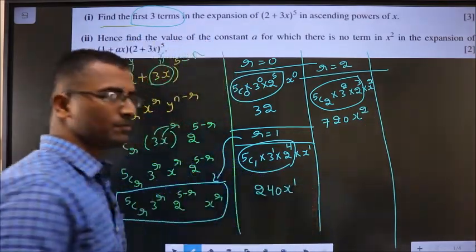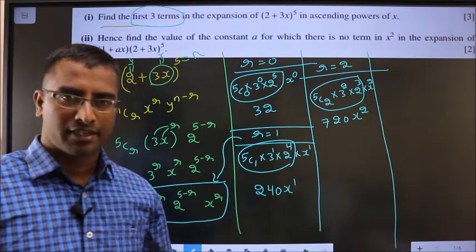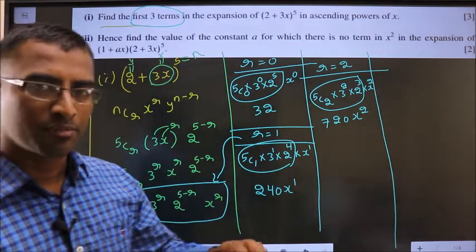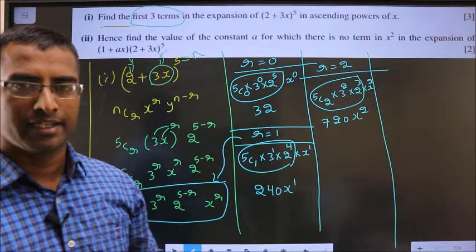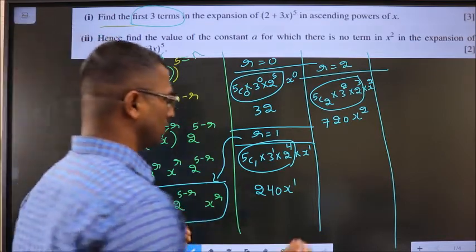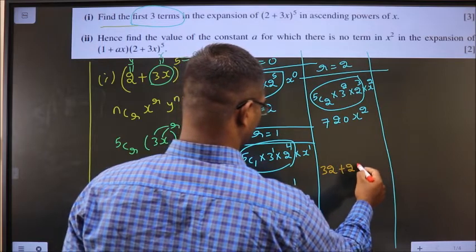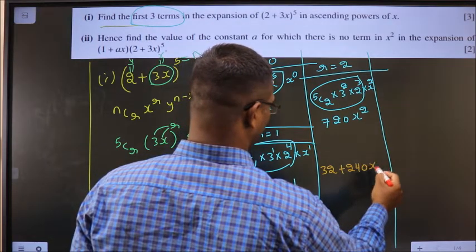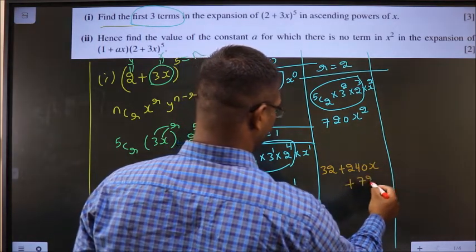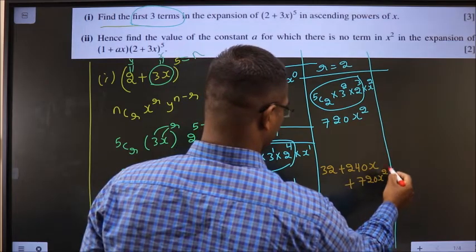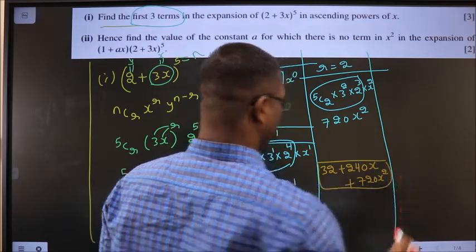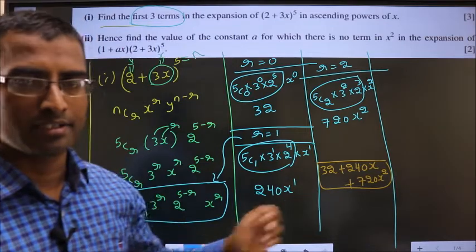Okay, now you found the three terms. Your final answer should be writing all the three terms in a single line. That is 32 plus 240x plus 720x square. This is the final answer.